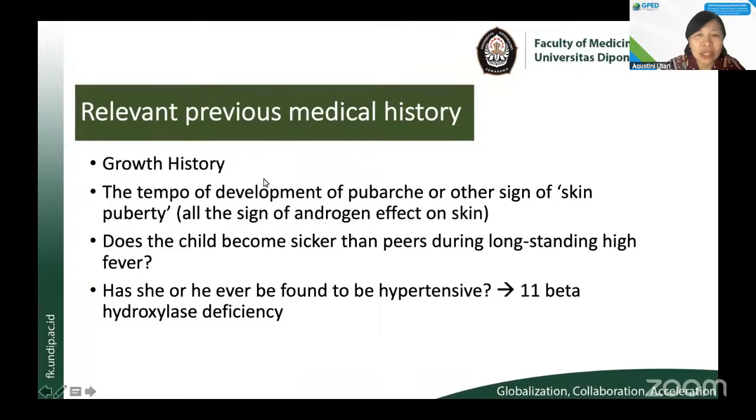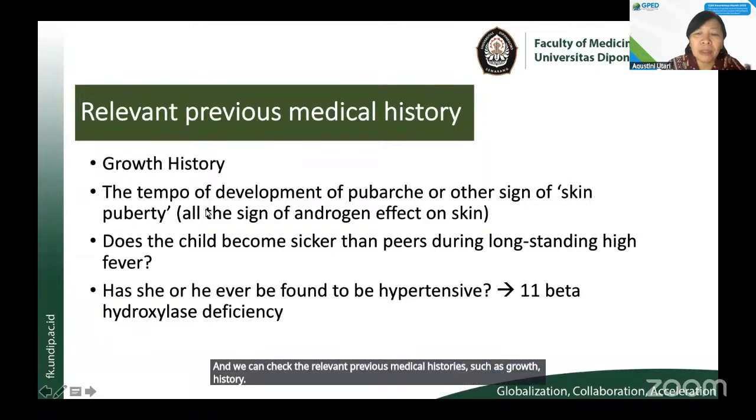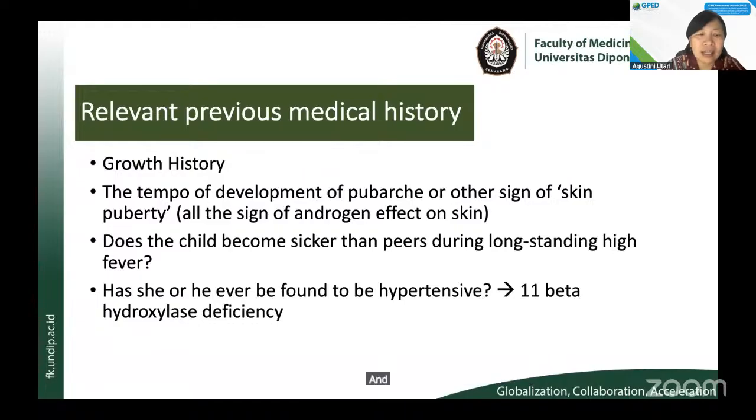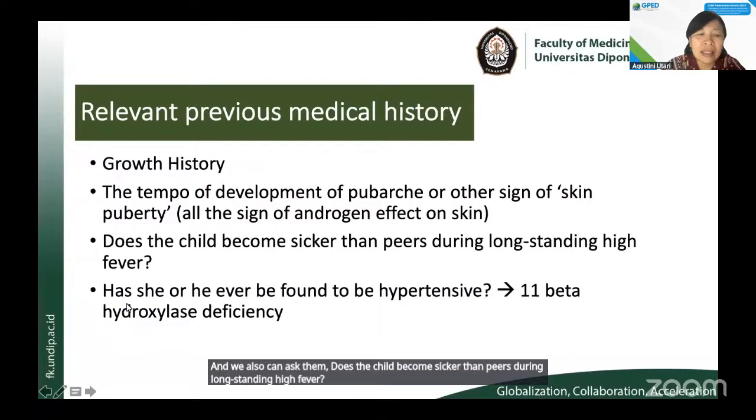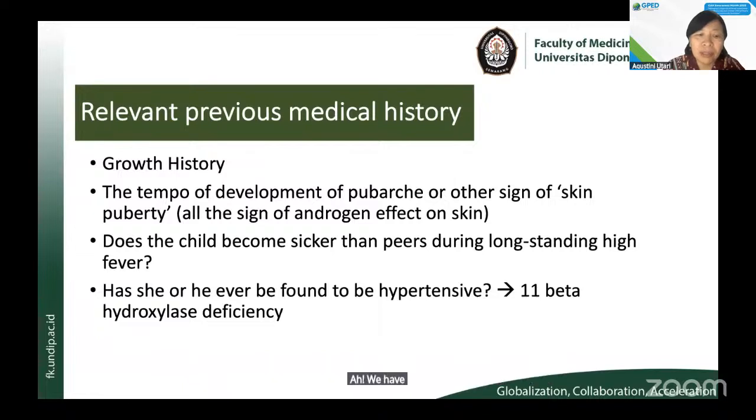And we can check the relevant previous medical history, such as growth history, the tempo of pubertal development, or other signs of skin puberty. We can also ask: does the child become sicker than peers during long-standing high fever? And has he or she ever been found to be hypertensive? We have to be aware of 11-beta hydroxylase deficiency.